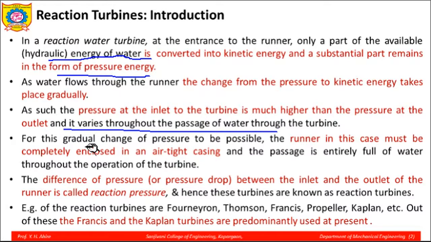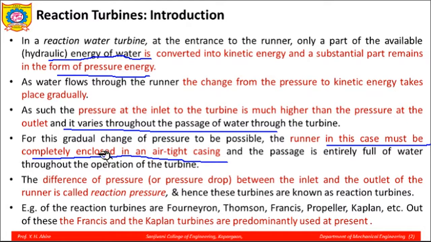For this gradual change of pressure to be possible, the runner in this case must be completely enclosed in an airtight casing. Okay, and the passage is entirely full of water throughout the operation of the turbine.